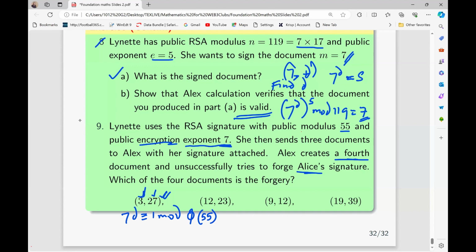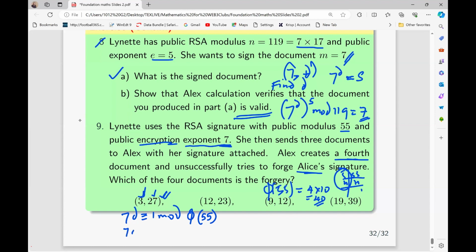55: 5 goes there, then 11 goes there. So in fact, 55 is the product of two prime numbers, and in this case it's easy. Phi of 55 is 5 minus 1 times 11 minus 1, which is 4 times 10, which is 40.